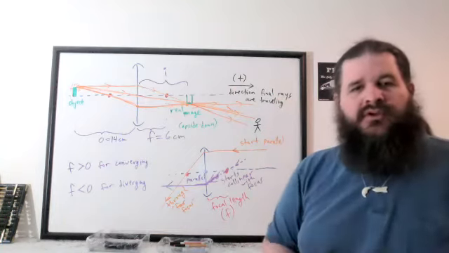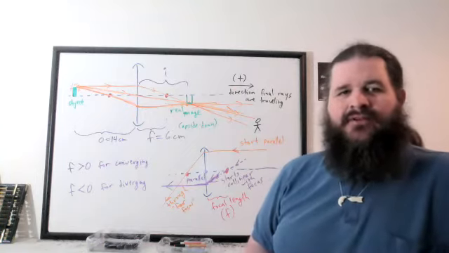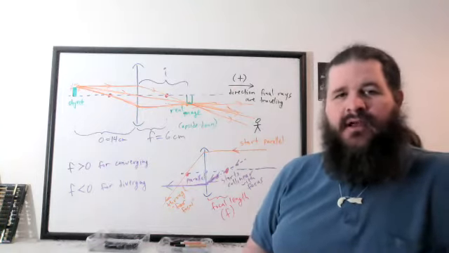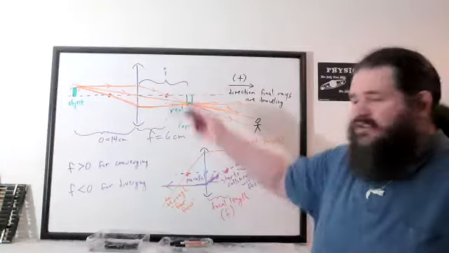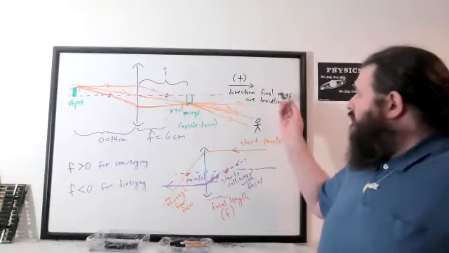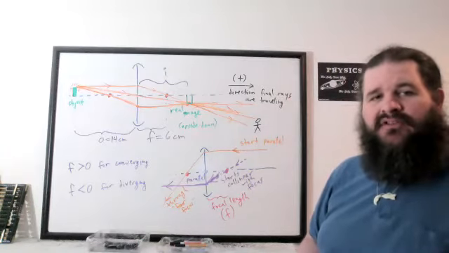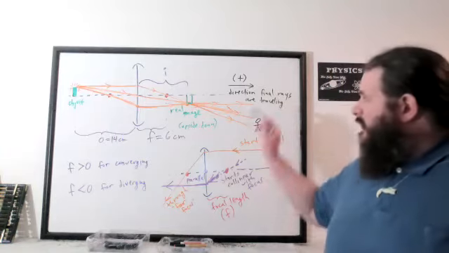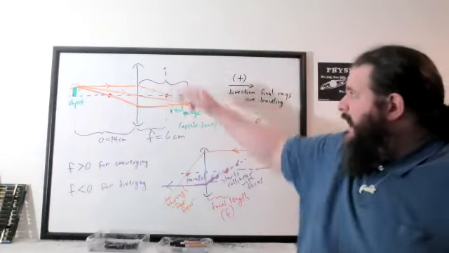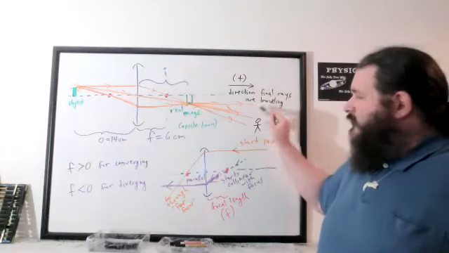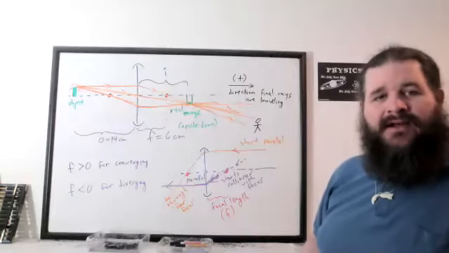And that's a rule you can use for lenses and mirrors. They might suggest trying to memorize different sets of rules for lenses and for mirrors. But if you keep this in mind, the idea that the positive direction, for the image anyway, is the direction the final rays of light are traveling, that's true for both lenses and mirrors of any type. So you really only need to memorize this one rule, that for images, for the value of I, the positive direction is the direction the final rays of light are traveling. That's how we define the positive direction.